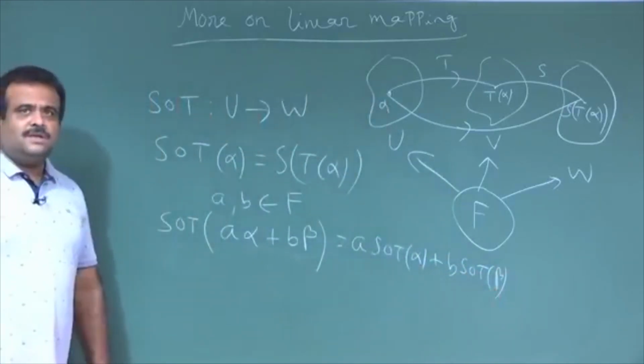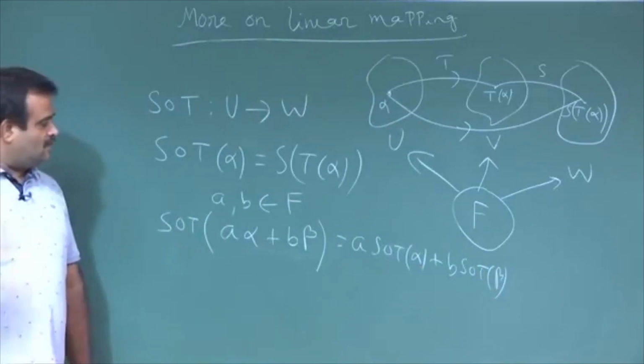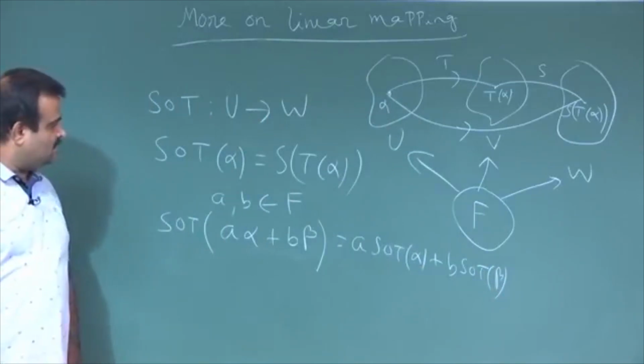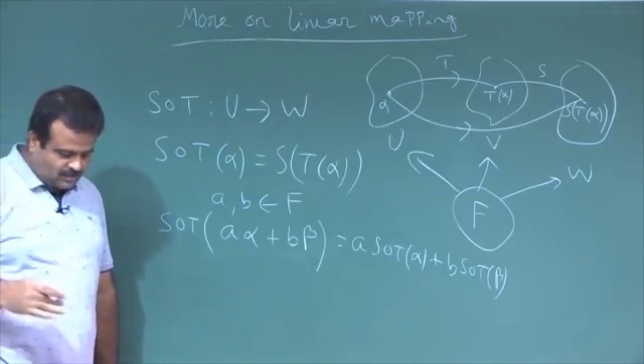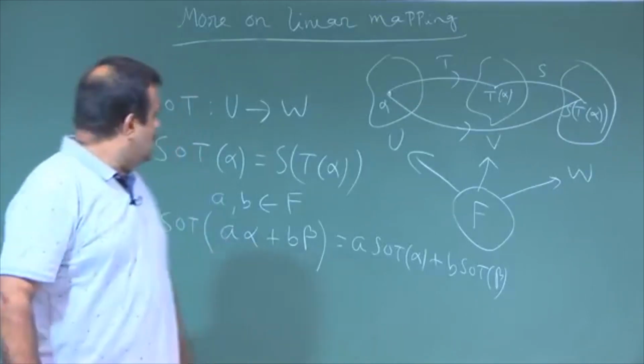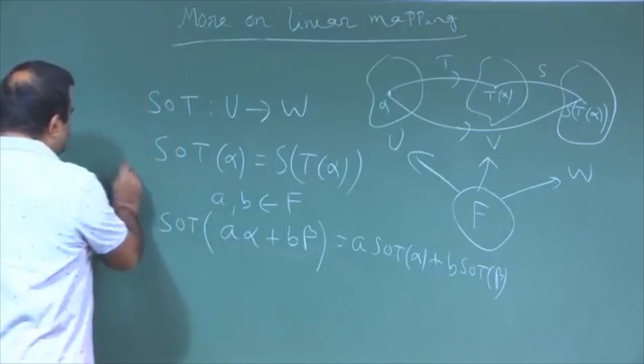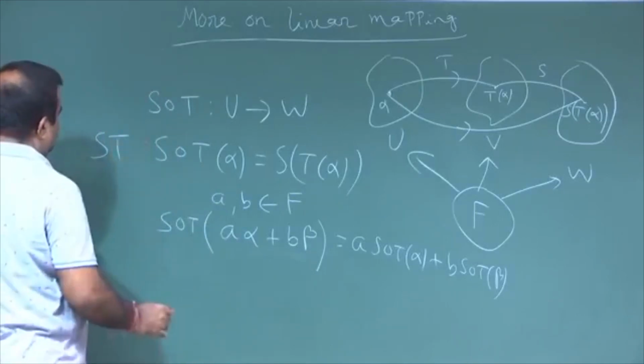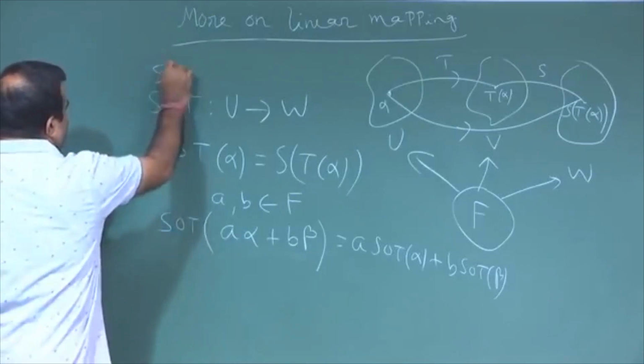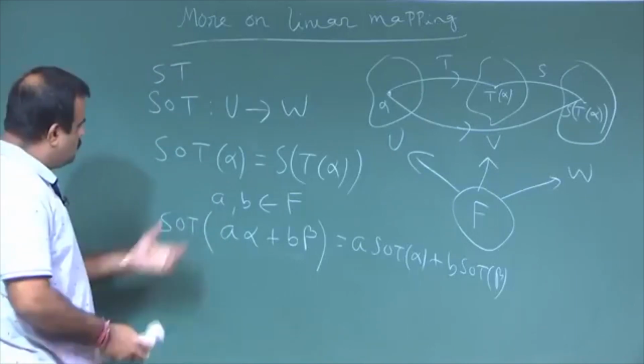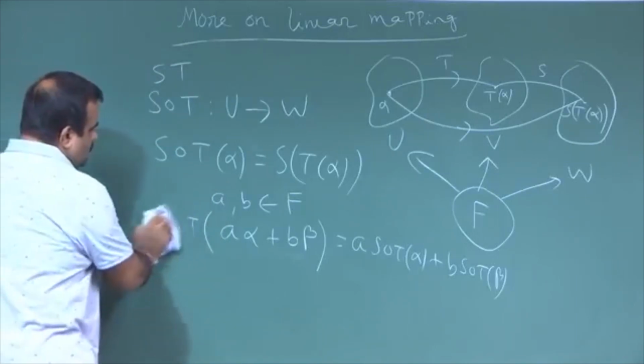If we can show this, then by definition S compose T is a linear transformation. In short, we denote this by S T. So we want to show this. Let us try that.